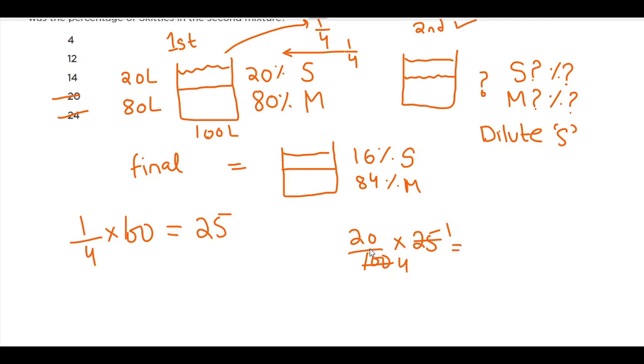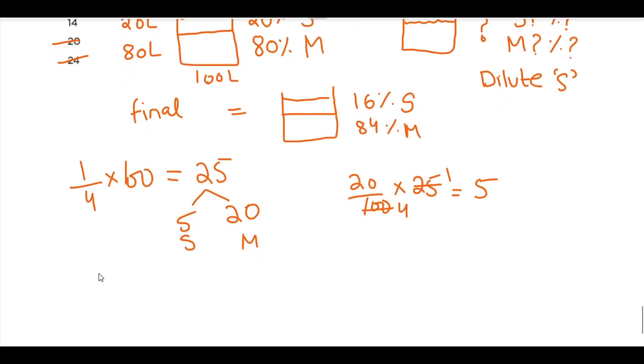So this is going to be 4 5s, which can be broken down into two pieces, 5 and 20. So 5 liters are going to be of S, and 20 is going to be the amount of M inside the 1/4 which has been removed. So how much is basically left here?